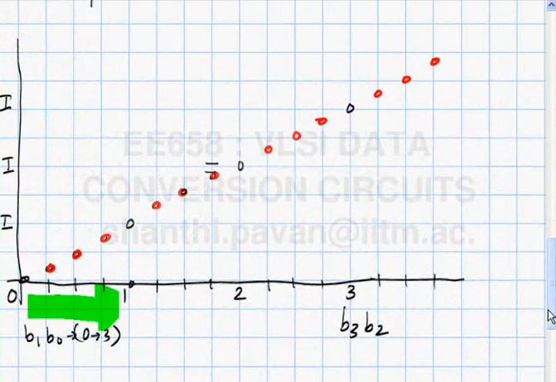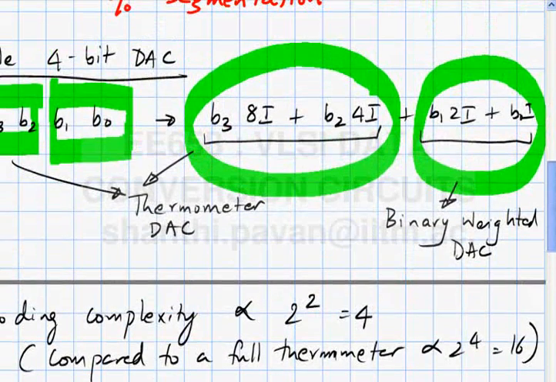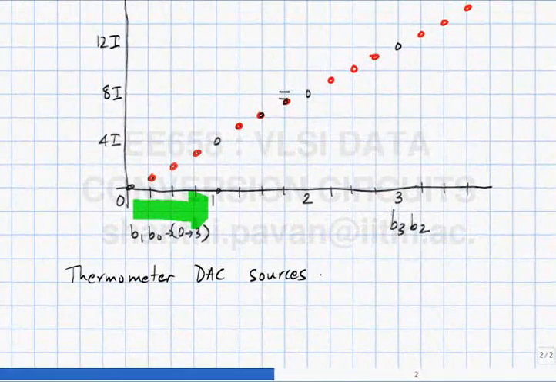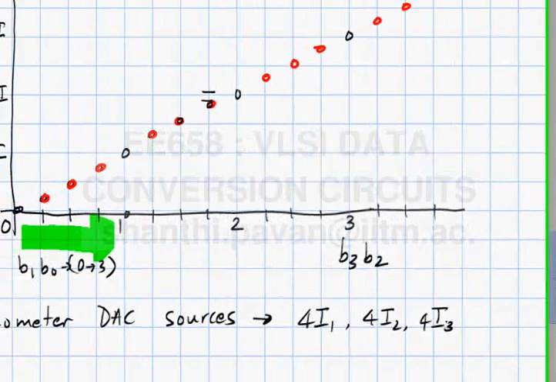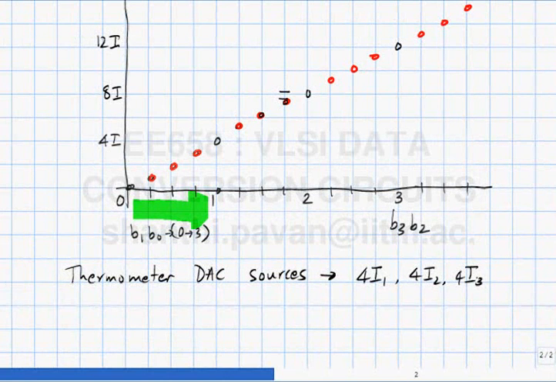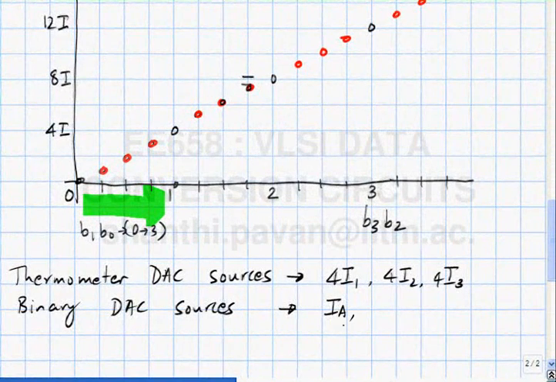Let me call the binary weighted stuff, there are 3 current sources here, let me call them 4I1, 4I2 and 4I3, with the understanding that each of these is a random variable with mean 4I and standard deviation 2 sigma I. And the binary weighted DAC sources, let me call them IA, 2IB.